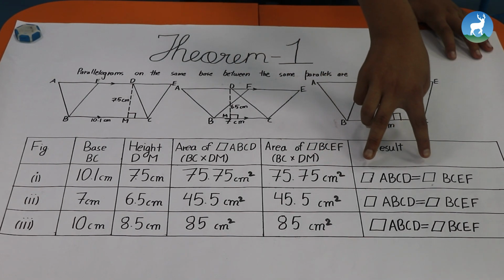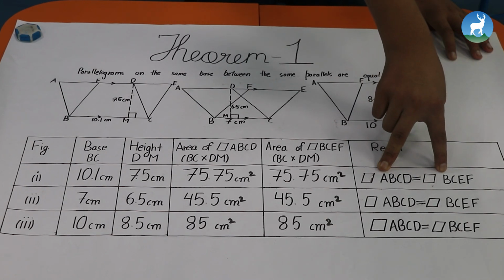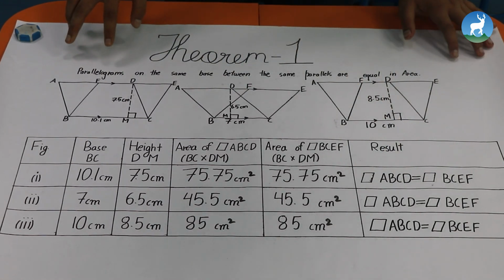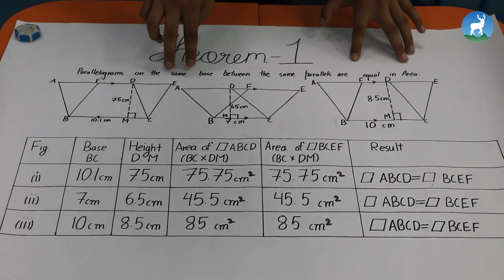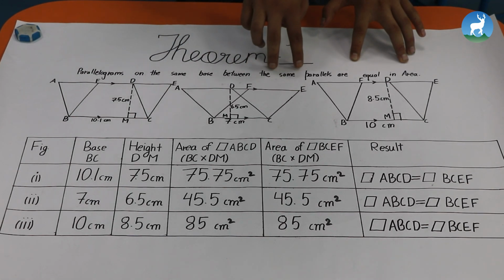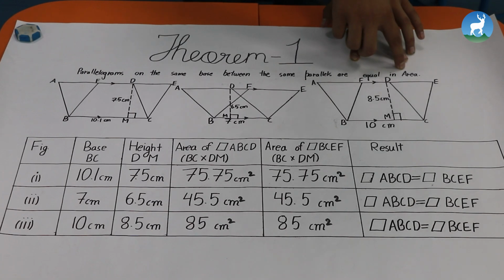So we can see that both parallelograms are equal in area, which proves and verifies the statement: parallelograms on the same base between the same parallel lines are equal in area.